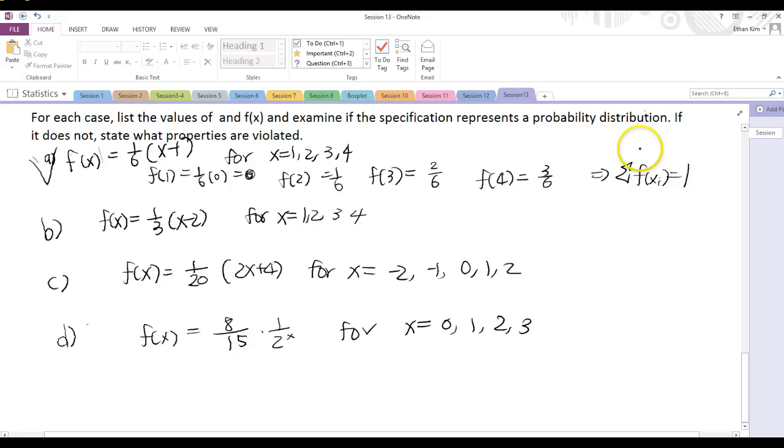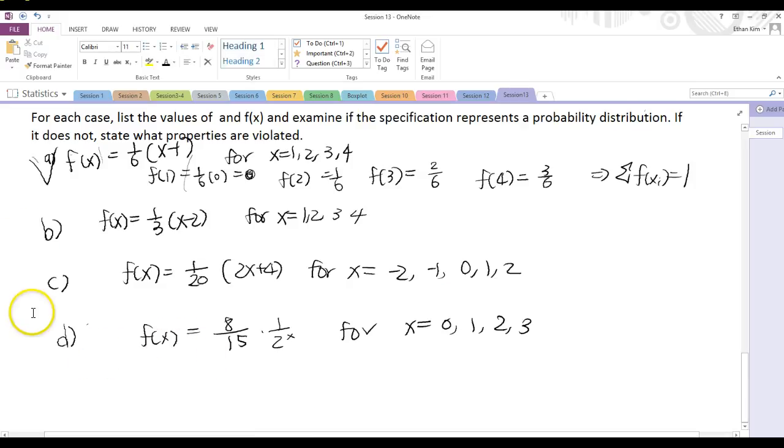Just add up the values and see if each of the function values is greater than or equal to 0 and less than or equal to 1. And if that makes sense, and if you add them up to get a 1, then it is right. It's the same for the rest of them. I won't spend time going over these because I think these are easy.